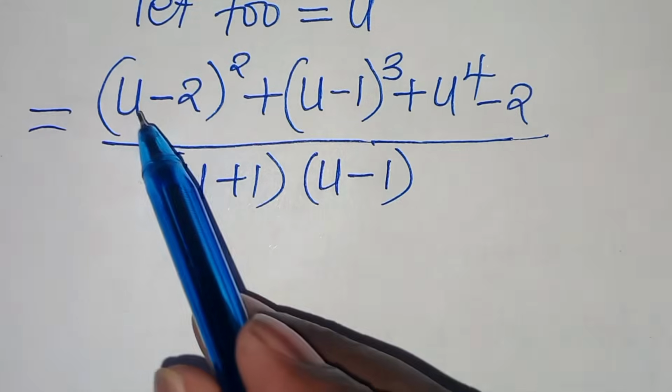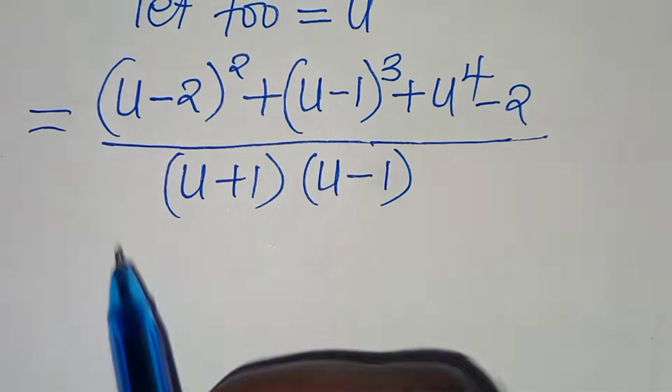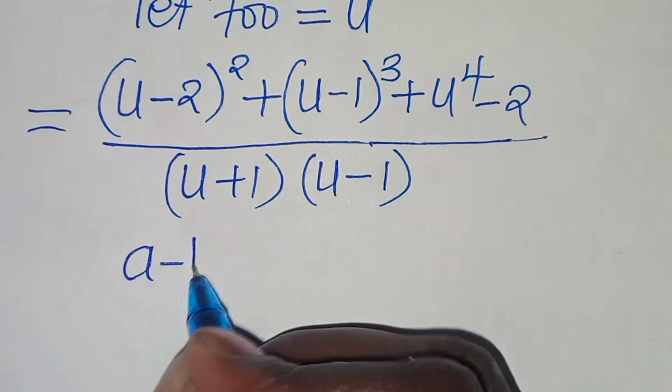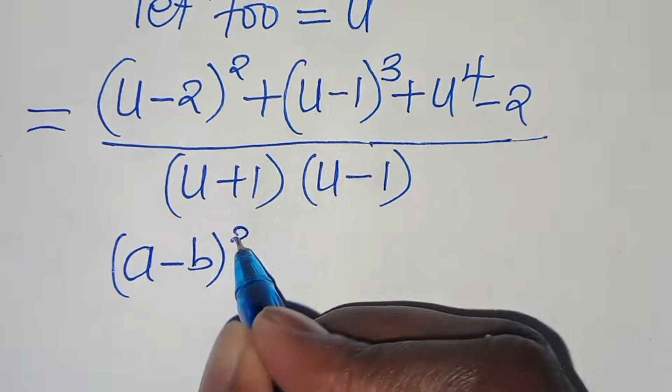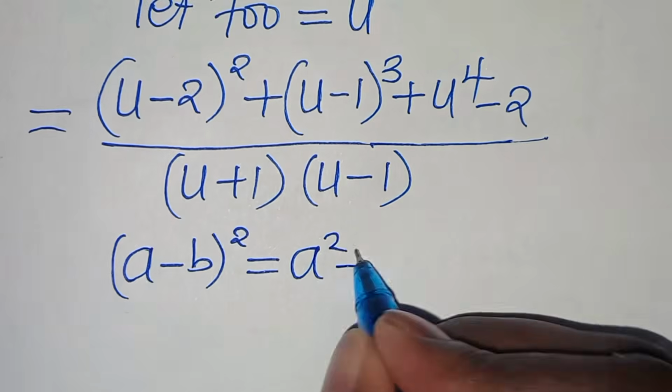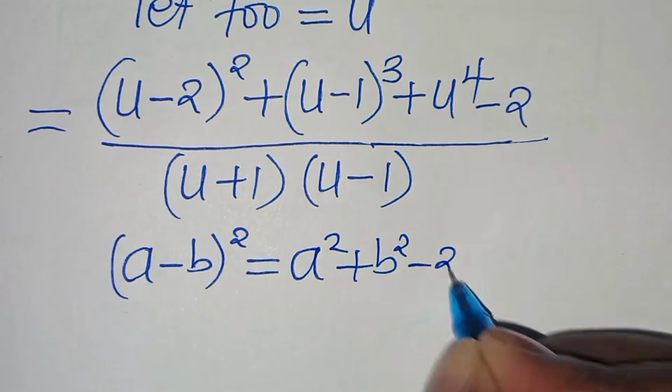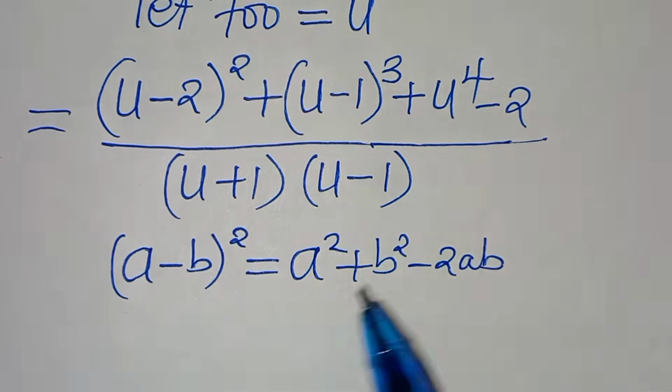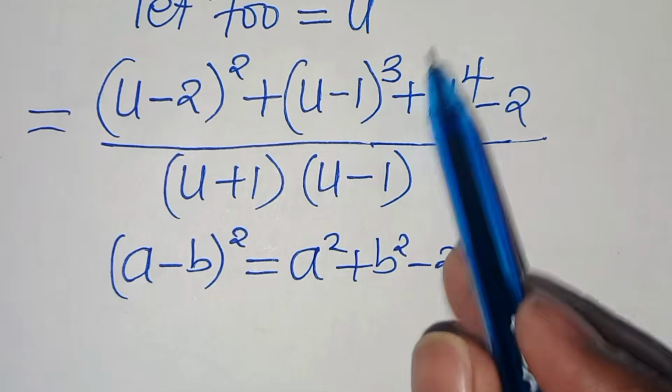Now we have that u minus 2 to the power of 2, this is in the form of a minus b raised to the power of 2, which we can express as a squared plus b squared minus 2ab. Now we have that u minus 1 to the power of 3.